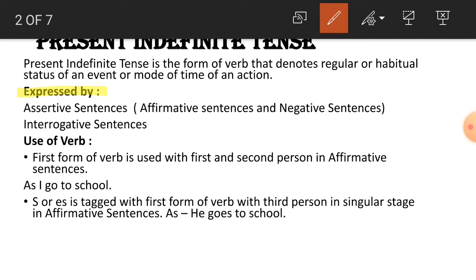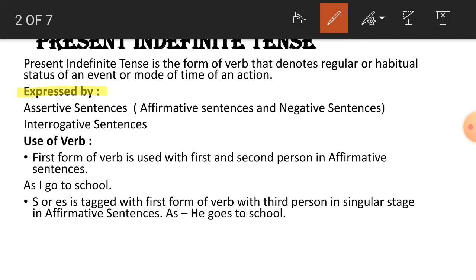I mean to say, by the use of two kinds of sentences: assertive sentences and interrogative sentences. I think you know very well assertive sentences have two kinds: affirmative sentences and negative sentences. In a very simple way, we can say there are three modes of sentences: affirmative, negative and interrogative.